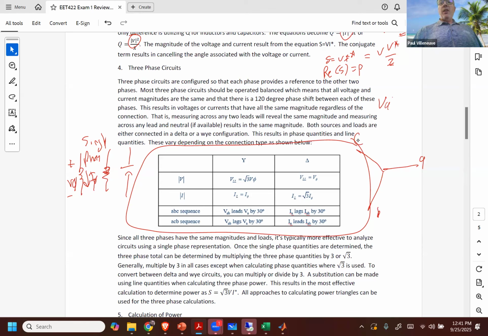And if I want to solve for VAB, that is VA minus VB, right? Does everybody remember that in their circuits class? When I say VAB, that's VA minus VB, right? You understand when you're measuring a voltage, it's called a potential difference.